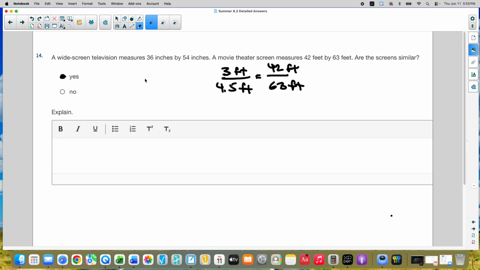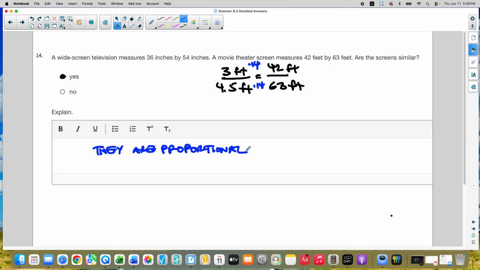I like that a lot. We multiplied this by 14 and this by 14, and we got the same values. So they are proportional. We'll just leave it at that.